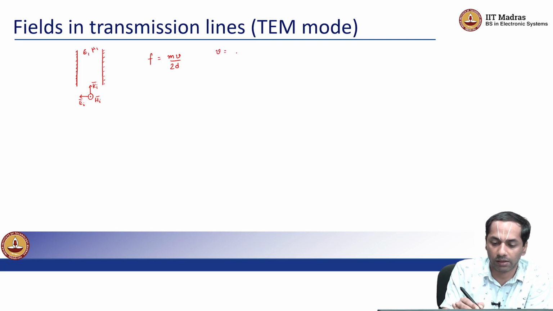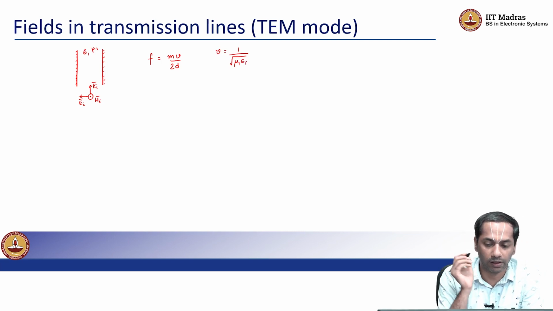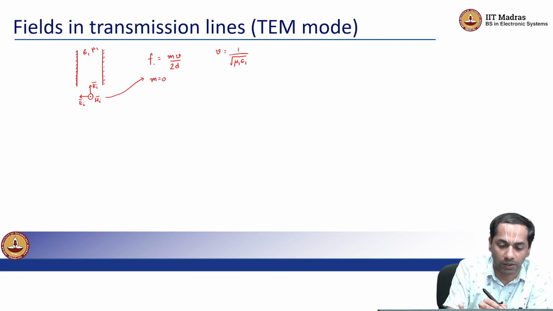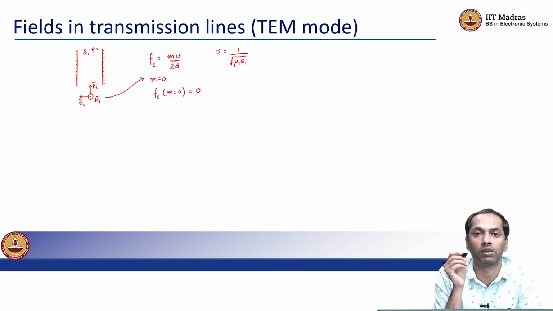V essentially is 1 over square root of mu 1 epsilon 1, and this case corresponds to m equals 0, which means that our cutoff frequency Fc for m equals 0 is 0. This is to say that I can support DC fields, which makes sense. If I have two conductors, I can certainly hold a potential against them. It would mimic that of a parallel plate capacitor.